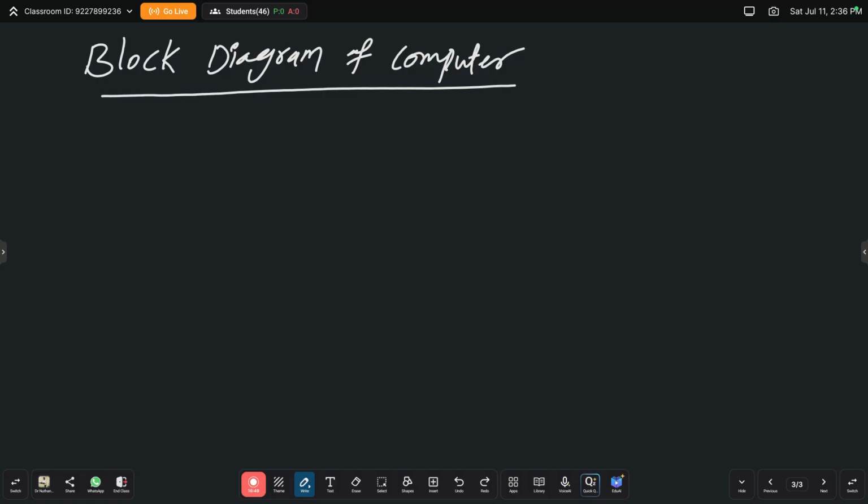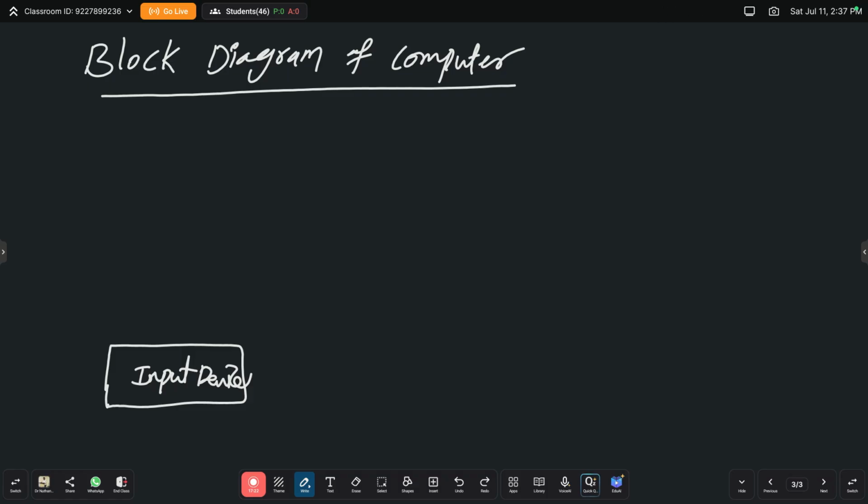Scanner. Okay. Mouse. Microphone. Games are under joystick. Many things are there. So all these things you can consider as input devices. Through input devices, you are giving your input to the machine.